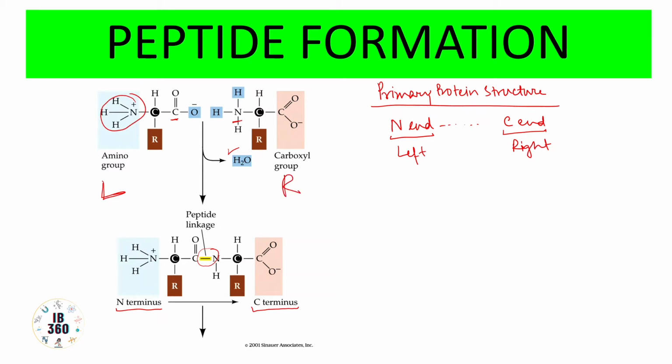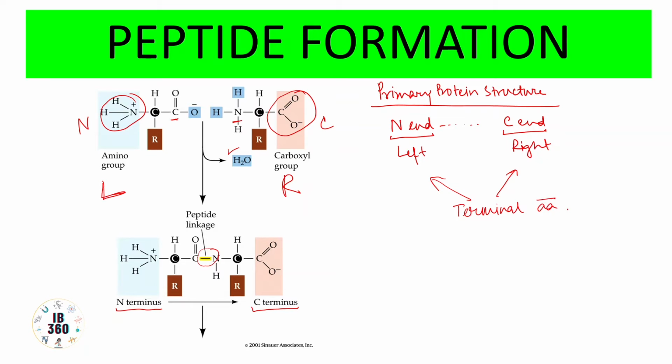So that is why N and C, left side N and right side C. This is the end actually. These are the terminal amino acids, these two, the terminal amino acids.